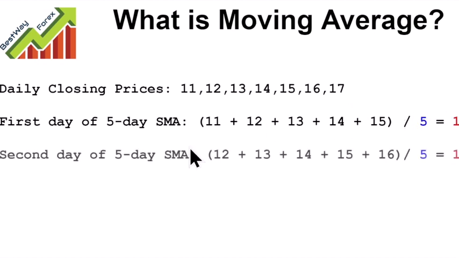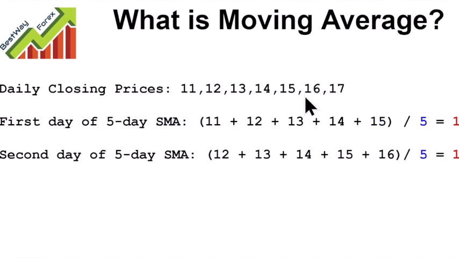For the second day we start from here. That was the first day, and for the second day we go one price up, so that was 1, 2, 3, 4, 5, 6. This time we have 16 and we discard 11, because we started on the second day here. We add them together, divide by 5, and we get 14.